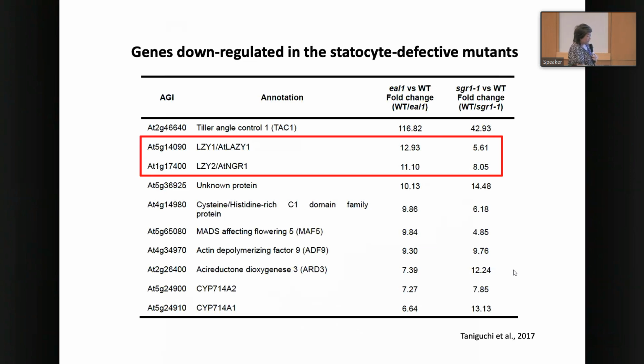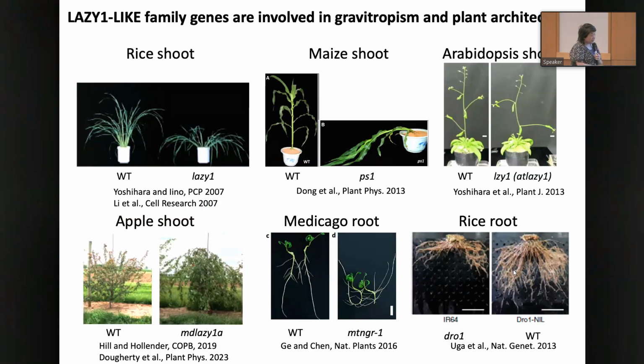As a result, we found LZY-like family genes. But when I got this result in 2007, they were annotated as unknown proteins. In the same year, 2007, the responsible gene for a well-known rice mutant, LZY, was isolated, and rice LZY exhibited reduced shoot gravitropism.